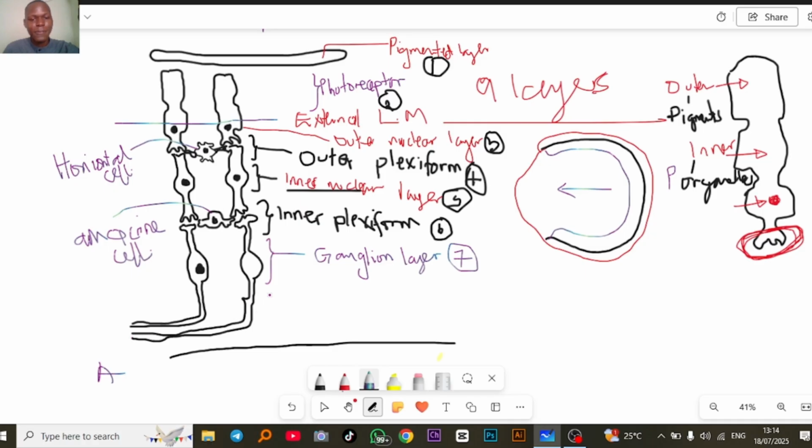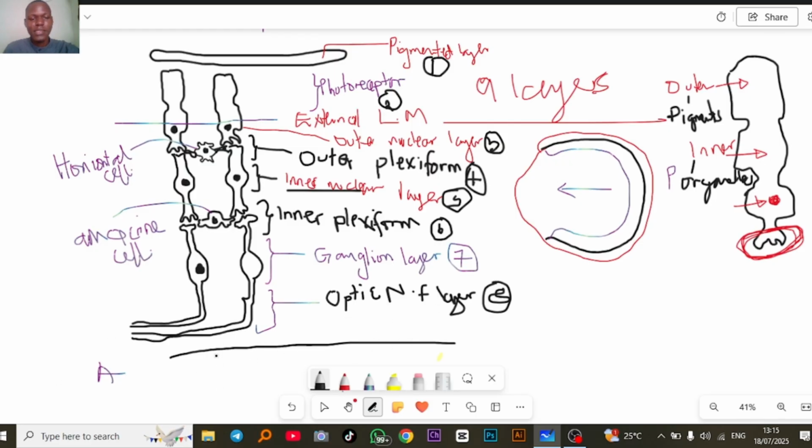This layer that contains the fibers can be called the optic nerve fiber layer. That's our layer 8.